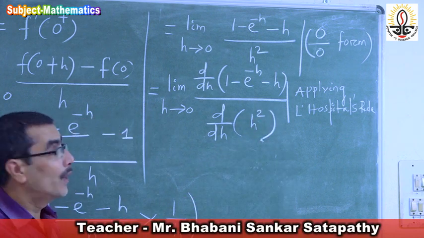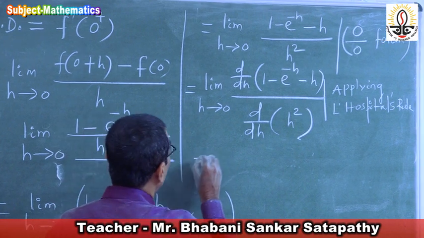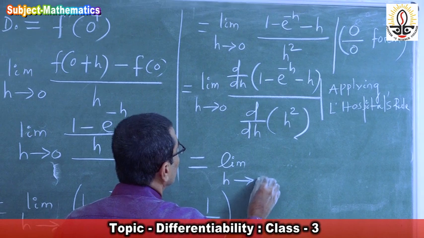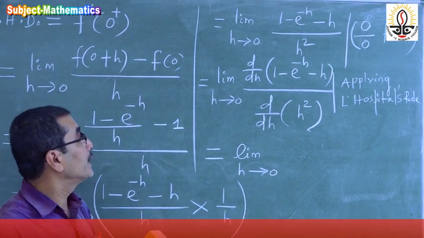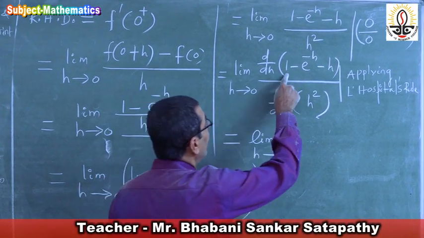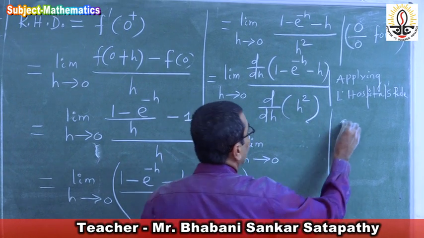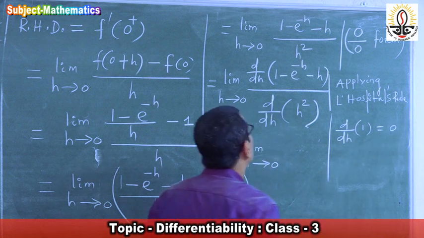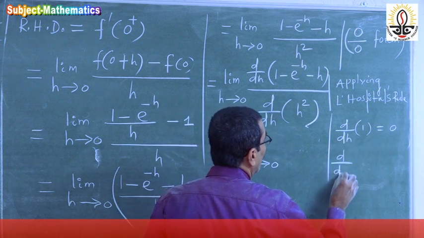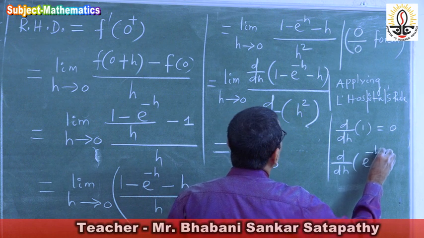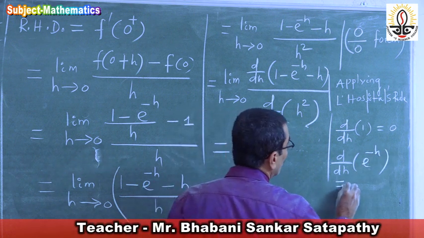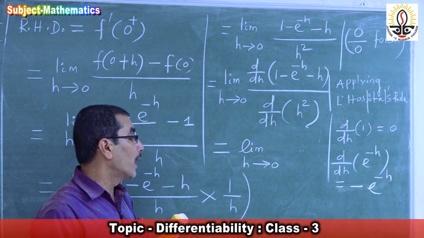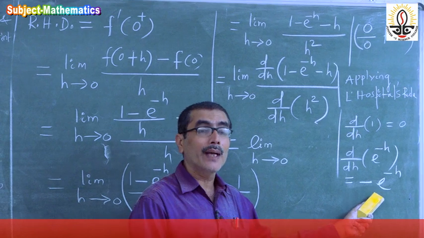What will be the derivative of 1? d by dh of 1 is equal to 0. d by dh of e to the power minus h will be minus e to the power minus h.